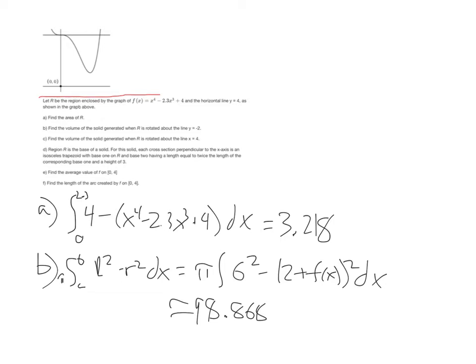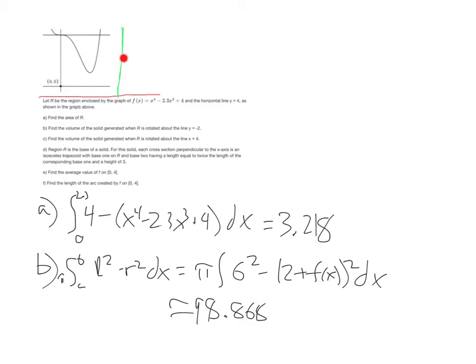Part C, now we're going to rotate it around the line x equals 4. Somewhere over here. And now the big switch here is that, of course, now I'm rotating around a vertical axis, which means I could change my washers and do them horizontally so that I go, okay, I have a hole, so I go to the outer edge, that's big R, and then the inner edge, that's little r.